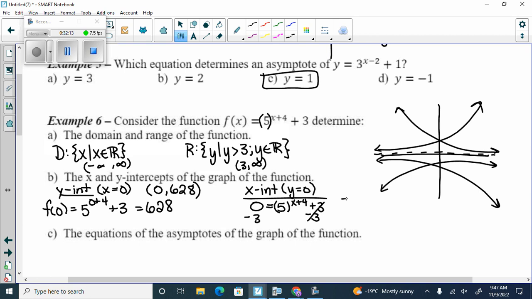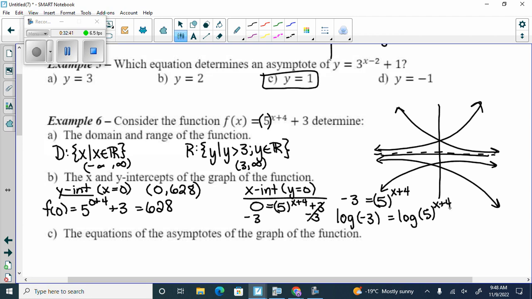So I get negative 3 equals 5 to the x plus 4. I need to get that x plus 4 down. How do I do that? Log both sides. So I'm going to go log negative 3 equals log 5 to the x plus 4. You can stop right here. You could have stopped earlier, actually.